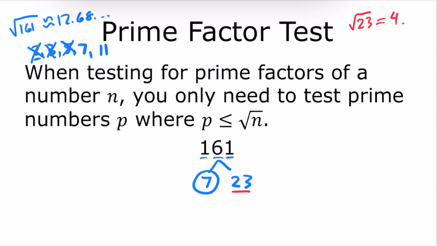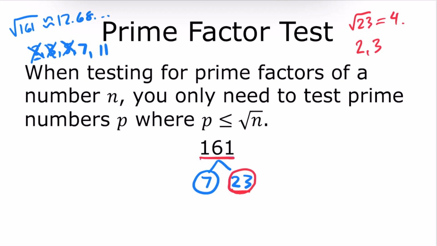So those prime numbers will be the numbers 2 and 3. And 23 is not divisible by 2 because it doesn't end in an even number. And it's also not divisible by 3 because 2 plus 3 is 5, and 5 is not divisible by 3. And so that means that this is also a prime number.